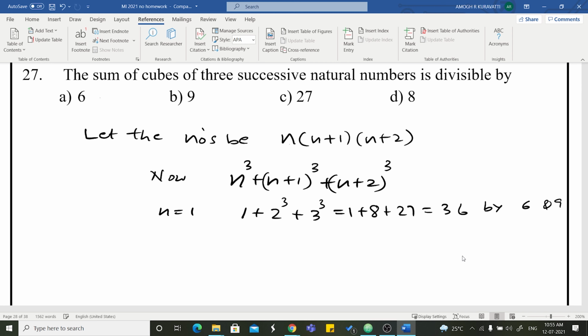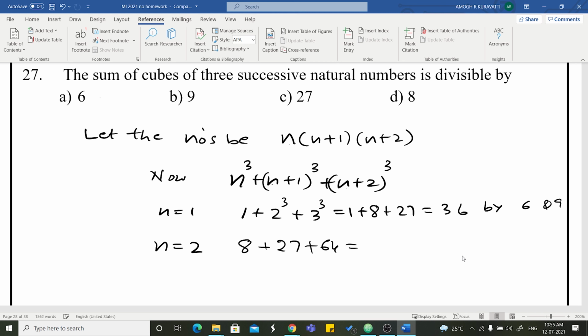Both 6 and 9 work, so two options come. So what can you do? Go for the next number. Put n is 2. Substitute 2: 2 cube 8, plus n plus 1 is 3, 3 cube 27, n plus 2 is 4, 4 cube 64.